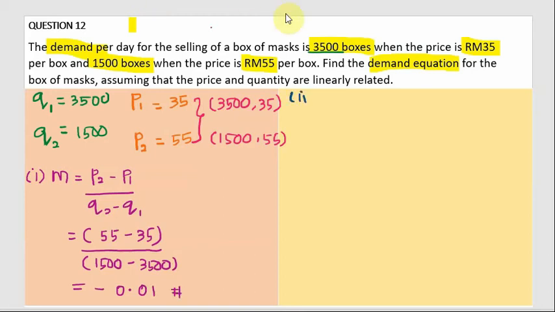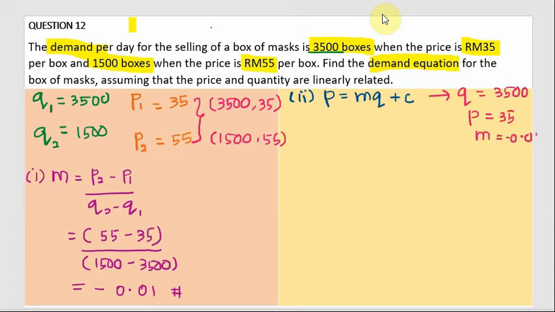Step 2. By using P equals MQ plus C, so now choose one coordinate. I choose the first coordinate. Therefore, quantity is 3,500, the price is 35 and the slope is negative 0.01.